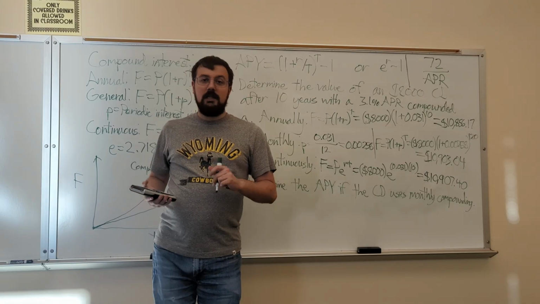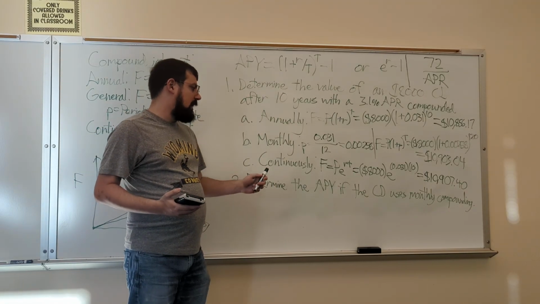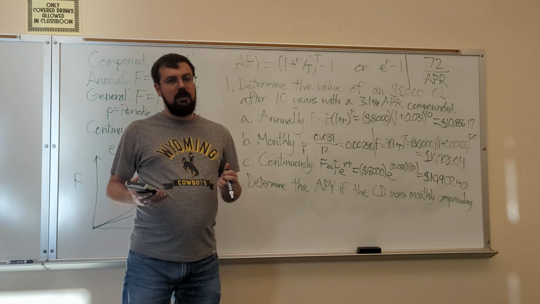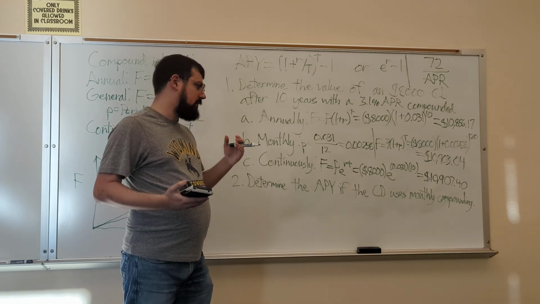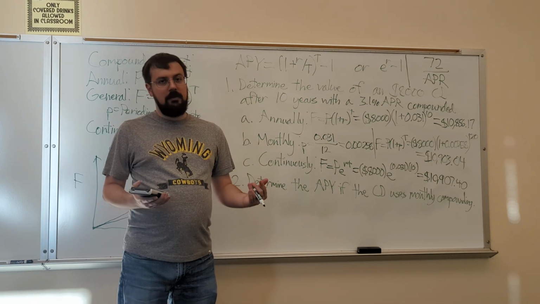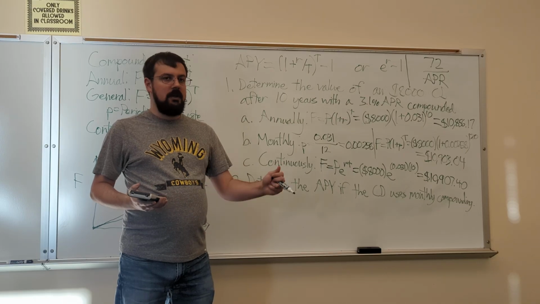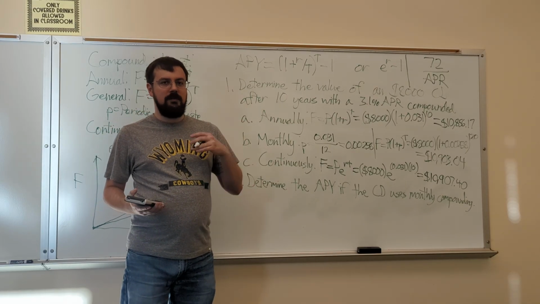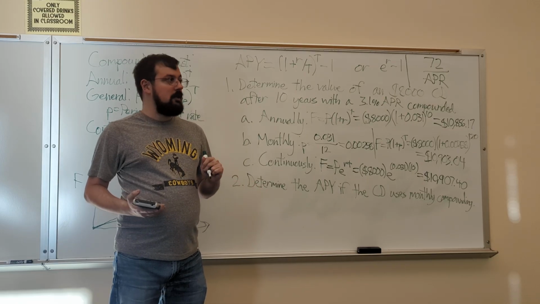All right. Now the last example that we'll look at deals with something called the APY, or annual percentage yield. And this is basically just the percent increase in the value of a CD or something else earning compound interest after 1 year, taking into account both the APR and the frequency of compounding.